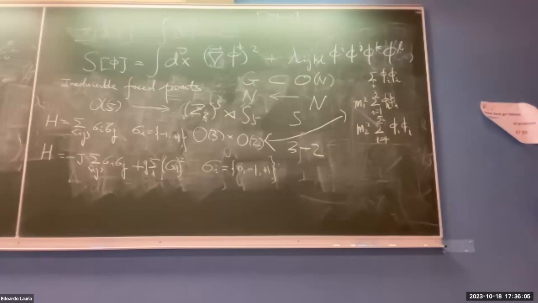But if you don't require it to be stable, then there are more solutions. For example, for this one, you actually find 2 fixed points with this symmetry, one stable, one unstable. So they are inequivalent, but they have the same symmetry.